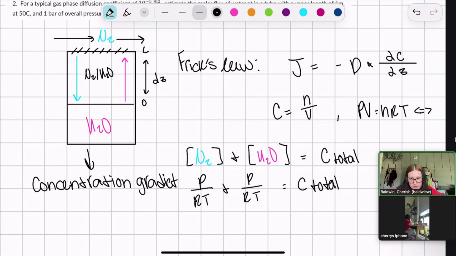At steady state, so there's no accumulation or anything.